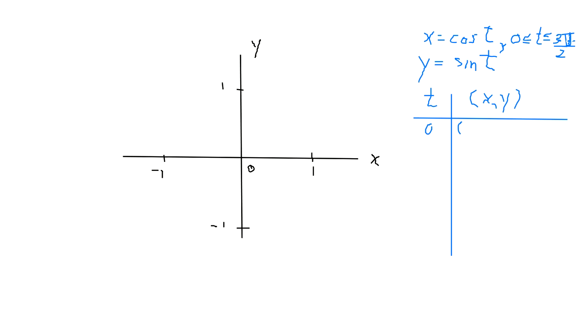We're finding the cosine of 0, and we want the sine of 0. Good, Snega. The cosine of 0 is 1 and the sine of 0 is 0.